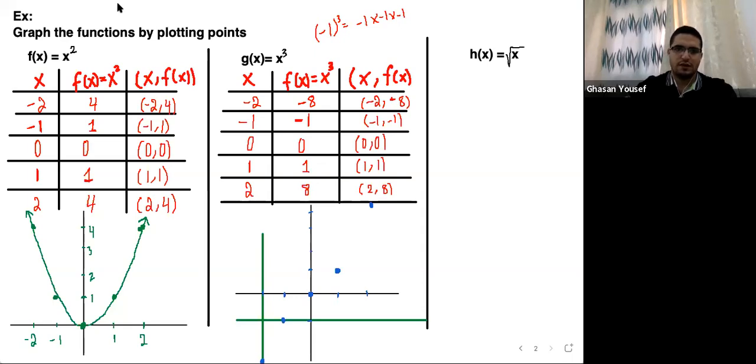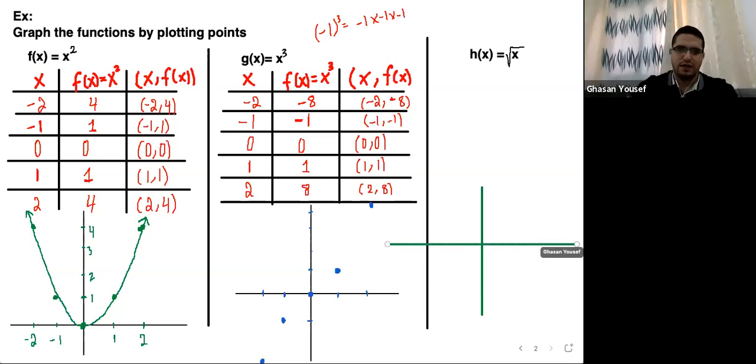So now we're going to graph a smooth curve between these points. The curve should be something like this, going up like that, and then this side would be something like this.